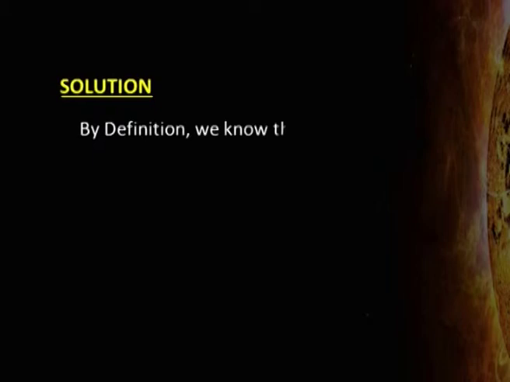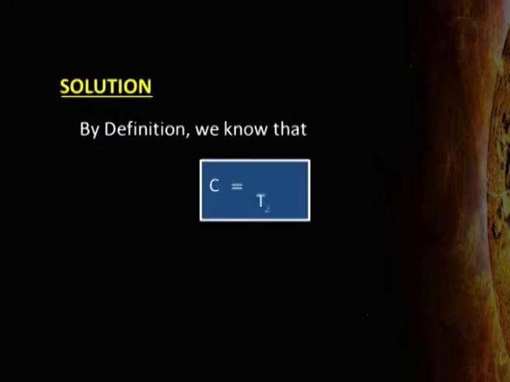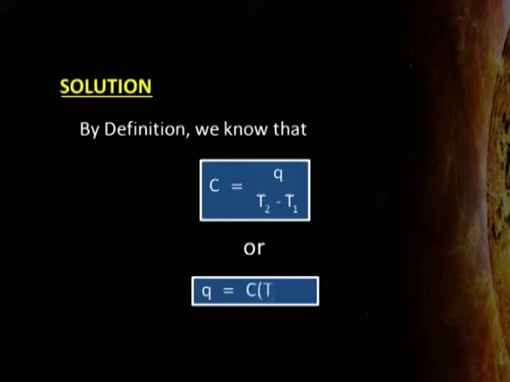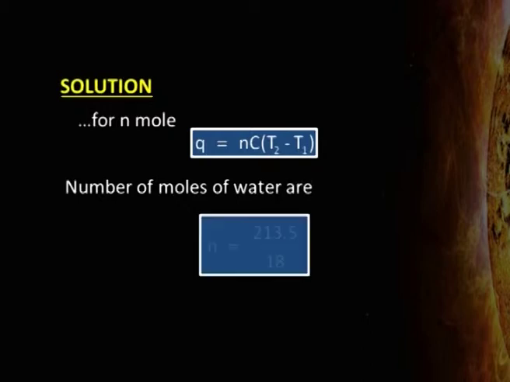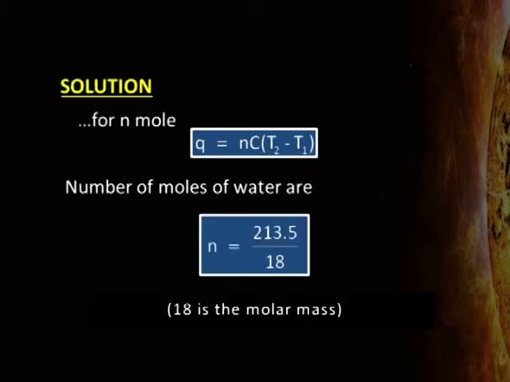By definition, we know that C, that is molar heat capacity, is equal to Q upon T2 minus T1, or we can say that Q is equal to C multiplied by T2 minus T1 for 1 mole of the substance. But if there are n moles of the substance, then Q will be equal to n multiplied by C into T2 minus T1. Here, the number of moles of water is 213.5 divided by 18 because 18 is the molar mass.